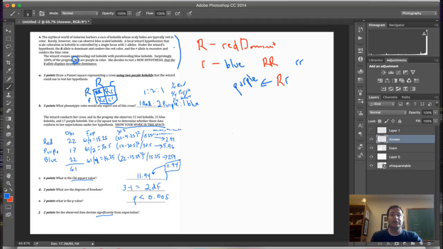So if p, the probability of observing this difference between our observed and expected outcomes just by chance alone, is less than 0.005, it's extraordinarily unlikely for our hypothesis to be true and for this difference that we see between observed and expected to have just occurred by chance.